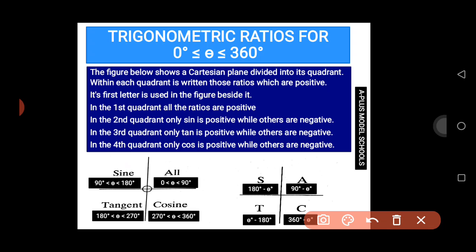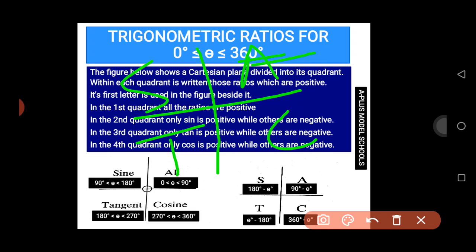Now, there's a short formula you can use to remember these trigonometric ratios. For instance, look at their first letters: A, C, T, S, which is ASTC. It means that in the first quadrant, all ratios are positive.